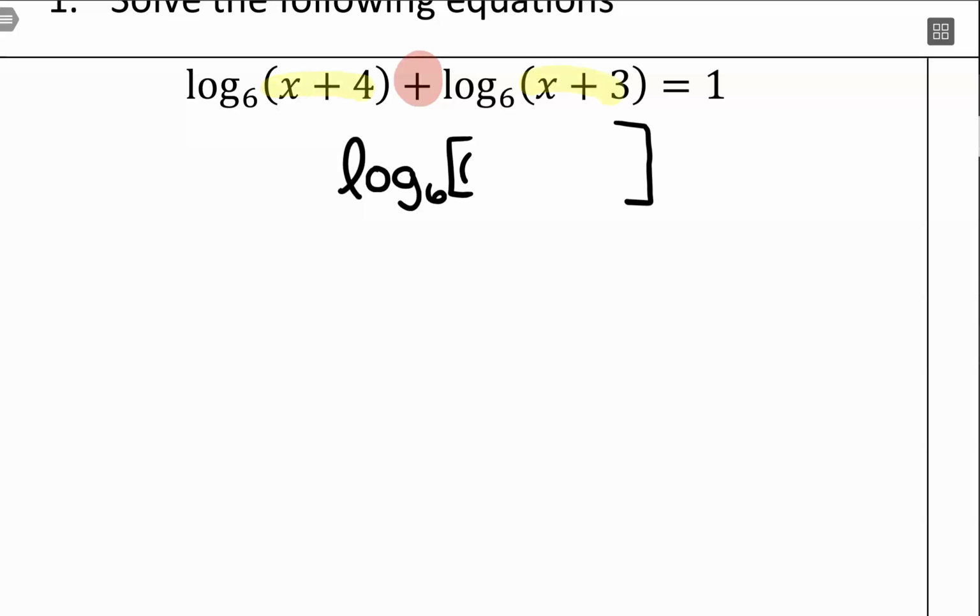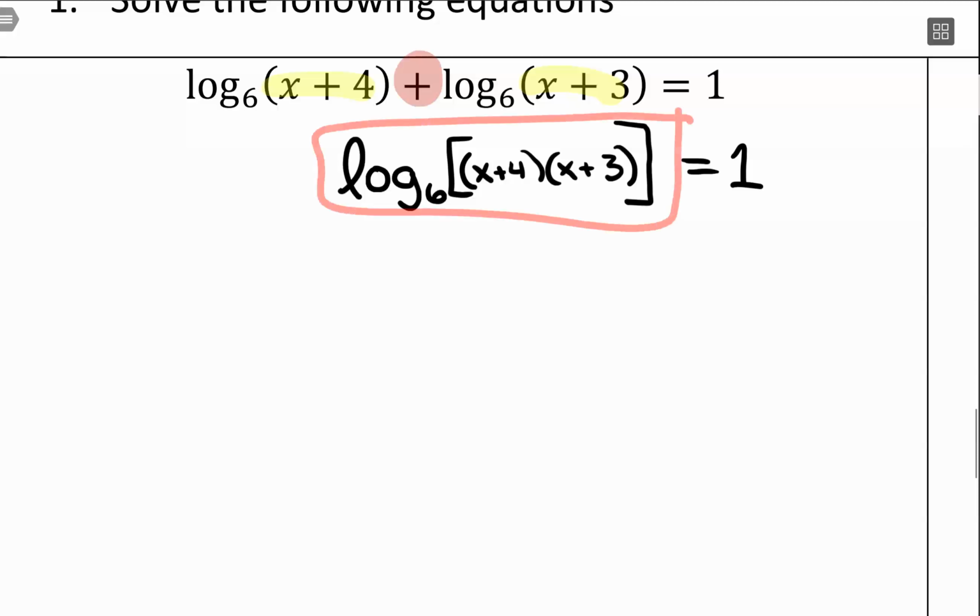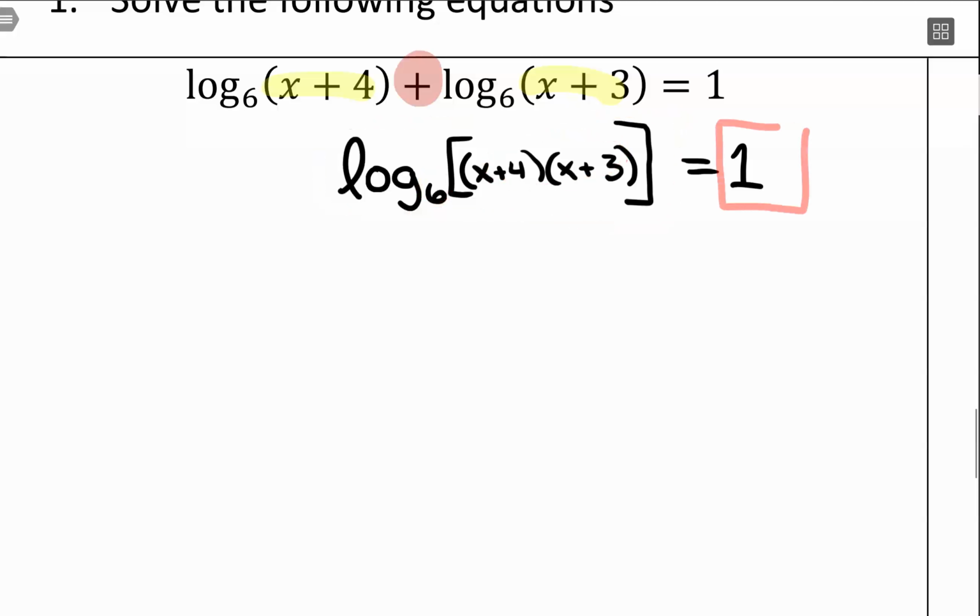So we'll have x plus 4 times x plus 3 equals 1. And now I'm at this stage where I have a single logarithm with a base and a value equals a single number, which is our exponent.